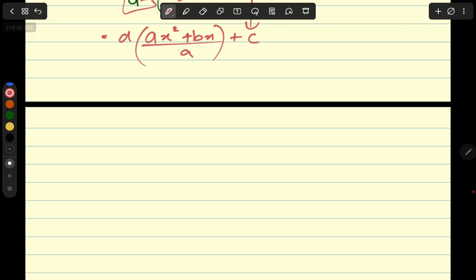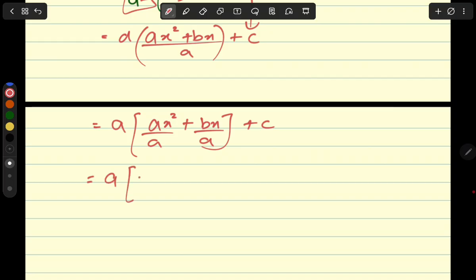Now I can split this fraction inside the bracket by the plus sign, so this becomes a times (ax squared upon a plus bx upon a) plus c. So this really becomes a times, and this is how we take common, right? (x squared plus b upon a of x), right, plus c.